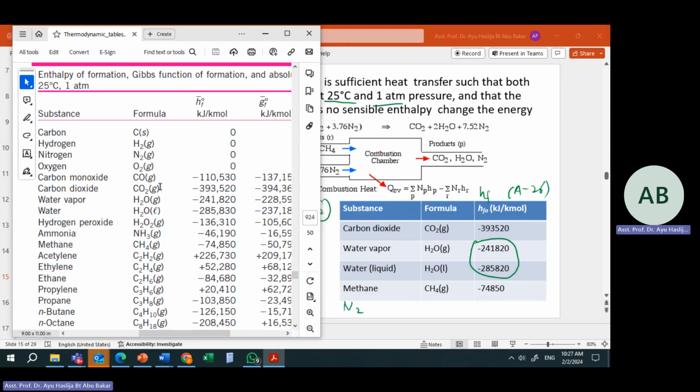Yes, you can assume either one, liquid or vapor.